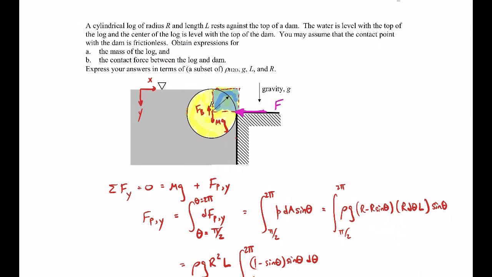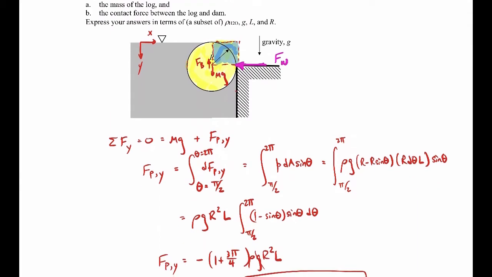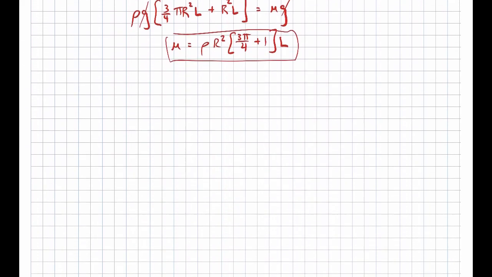So we're trying to find the force that the wall exerts on the log. And it's only in the horizontal direction because we said that it's frictionless, so we don't have to worry about that. Okay, so the way we can find that is we could go through the same approach that we did right here, but do it in the horizontal direction. So let's write that out.